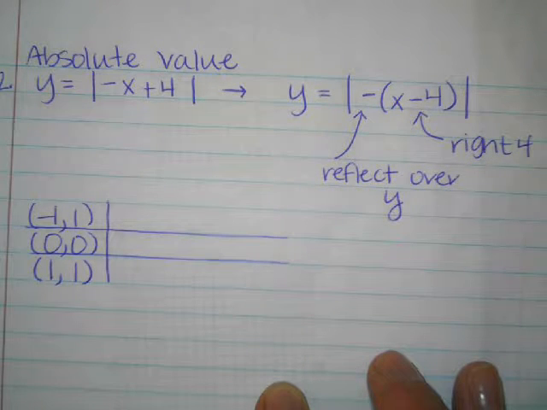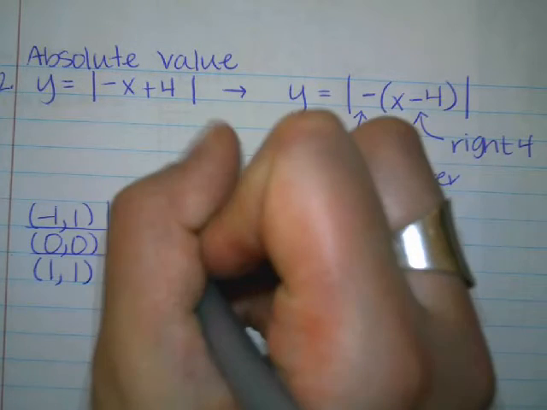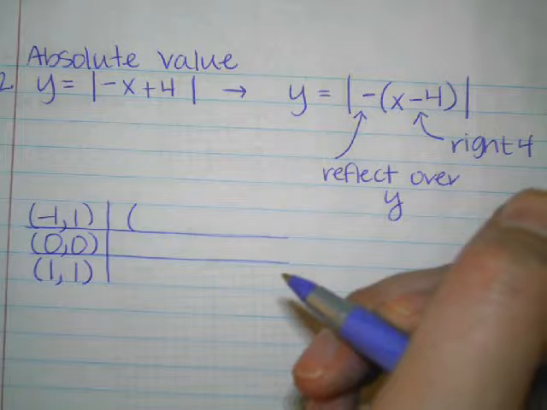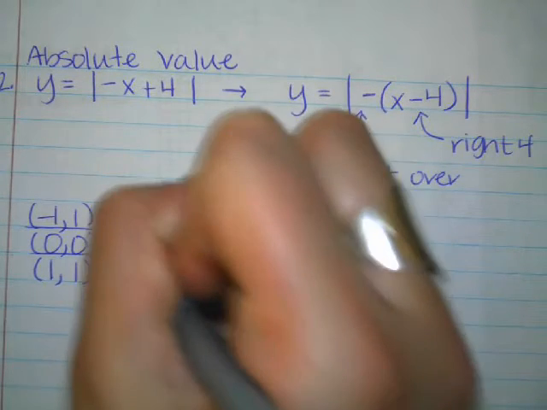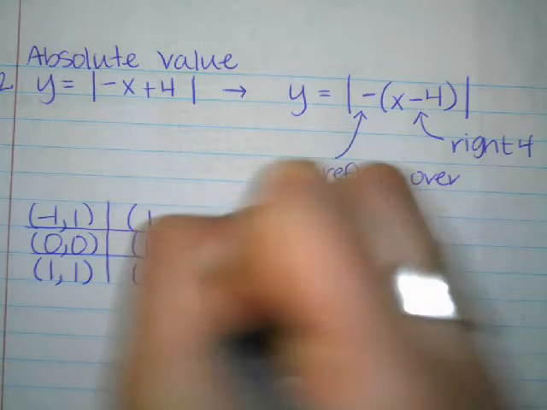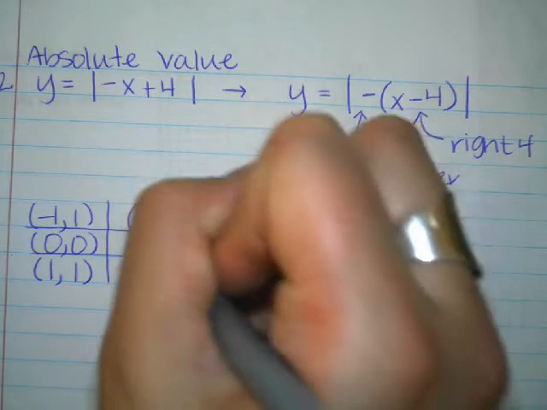And I'm going to reflect the point over the y-axis. So does that happen to the x-coordinate or the y-coordinate? X-coordinate. So what's going to happen to the x's? Change the sign. So 1, 0, -1. Did my y-coordinate change at all?